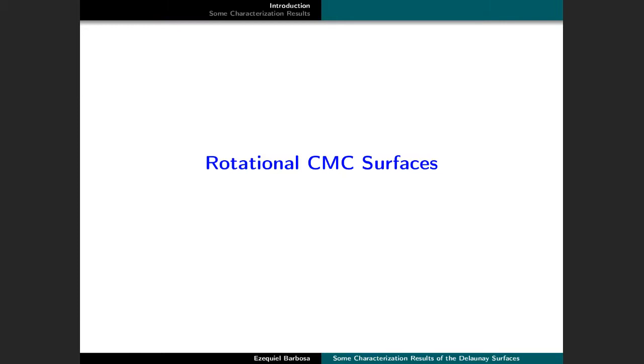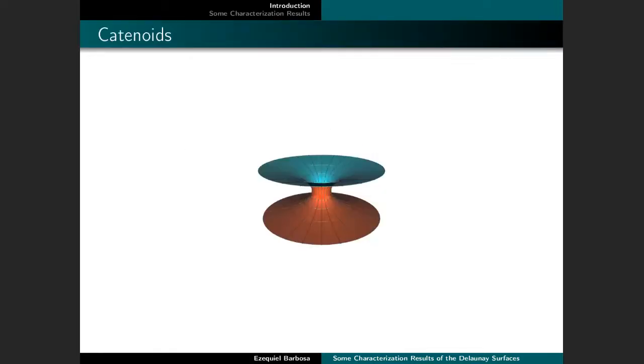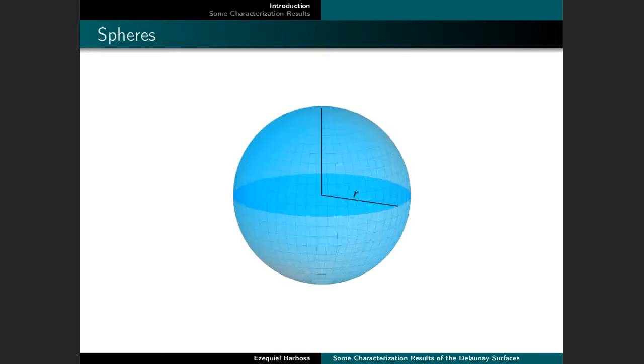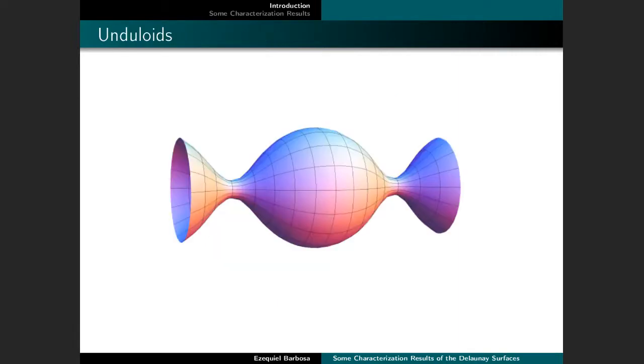Just to put some pictures here, the rotational CMC surfaces, including the minimal surfaces, we have these planes, catenoids, spheres, and right circular cylinders, unduloids.